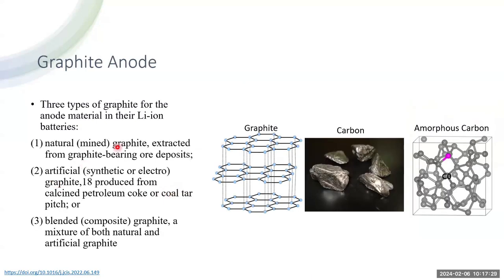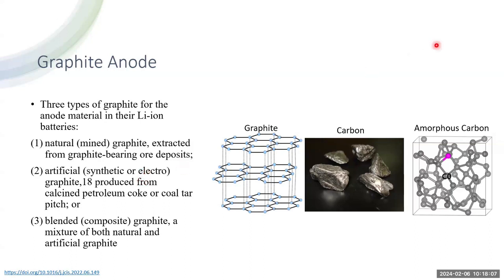First, if we talk about anode, there are three types of anode, which is natural graphite that can be mined, the graphite, and in the plant. You already all know that when you burn something, you actually get some black carbon, right? But this carbon is actually not usable in the lithium battery. You have to have this carbon as a crystalline carbon in graphite format.